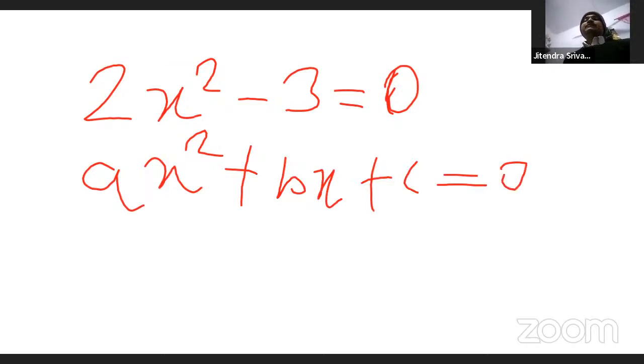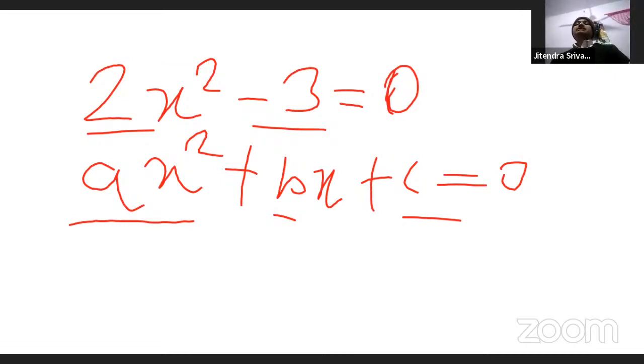We can see the value of ax square is 2, bx value is not given, and the value of c is given here. If any term is missing, then also we can say that it is following the rule of standard form of quadratic equation.